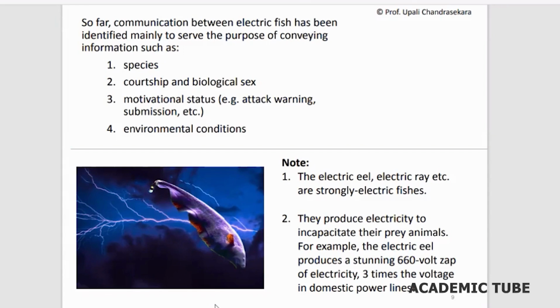You can imagine the kind of shock the prey animal will receive. Instantly the prey animal will get an electric shock and it will be immobilized, and the eel, which is a predator, can eat it, right? Now you will also understand that the electric field that they produce is not used for communication. That's only to immobilize the prey animal.